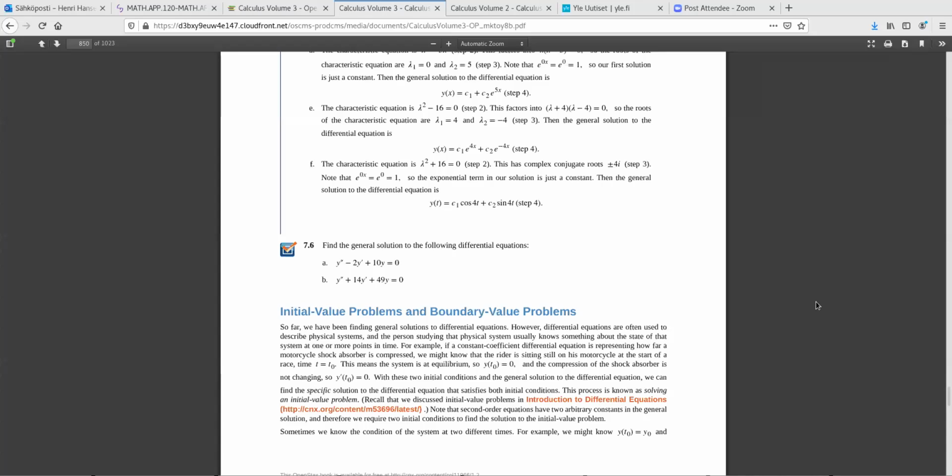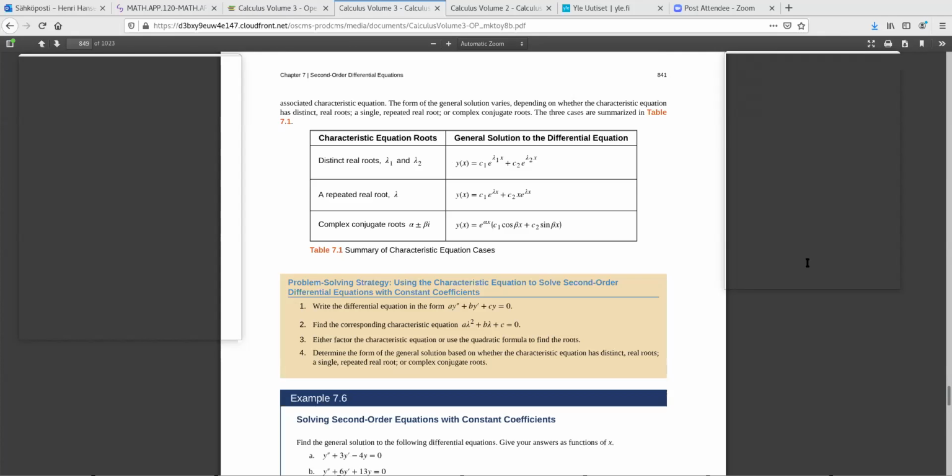I would venture that this is in fact going to be k plus 7 squared equals 0.